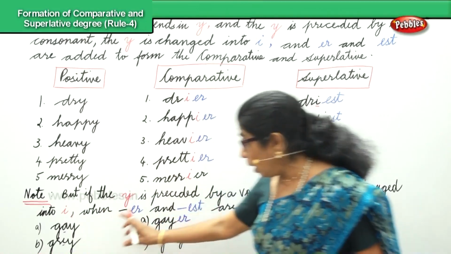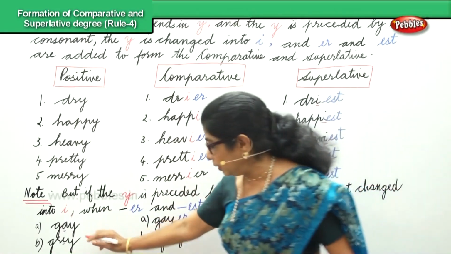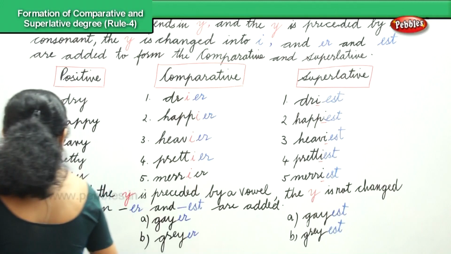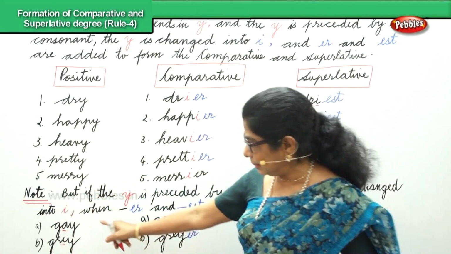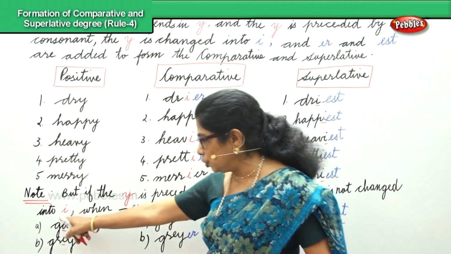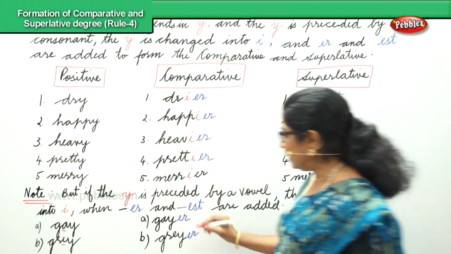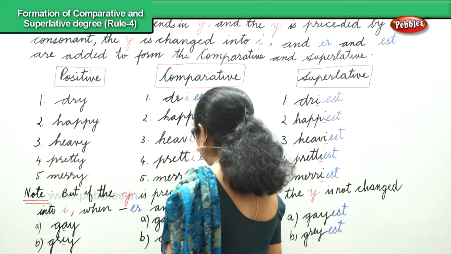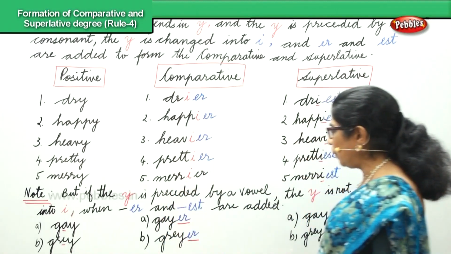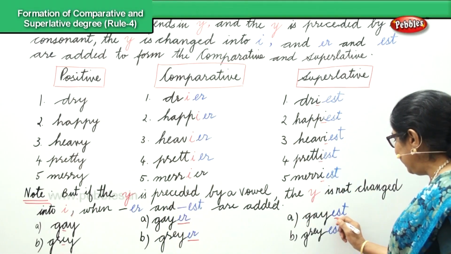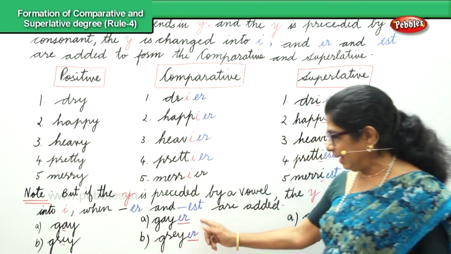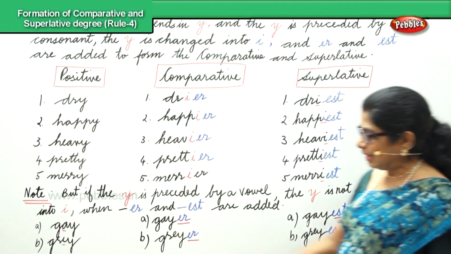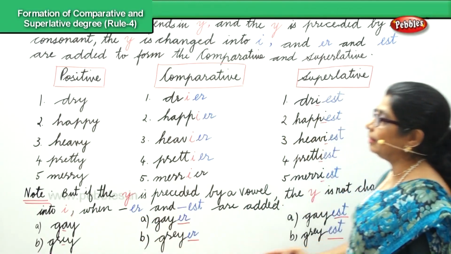If the Y is preceded by a vowel, E and A are the two vowels, in that case, the Y is not changed into I. You simply add ER to form the comparative. You add EST to form the superlative, like gay, gayer, gayest, grey, grayer, greyest.